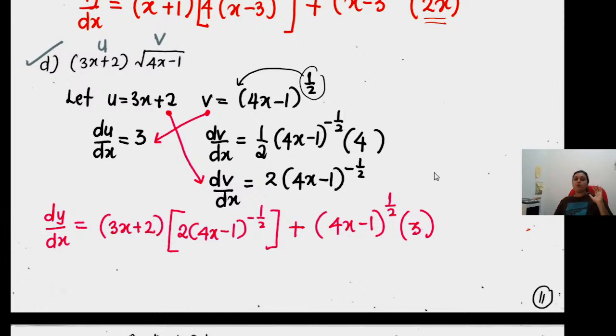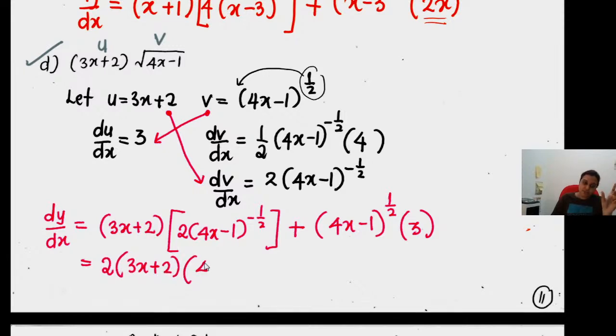Now, these two you cannot multiply in, right? So that one you cannot do like that. So what you do, the 2 you put at the front. Always the constant. Constant means the number. The number you put at the front. So 2, then you just copy this 3x plus 2.